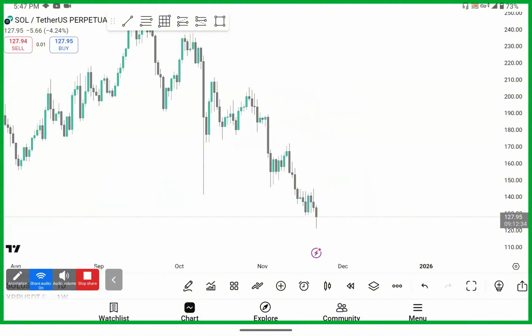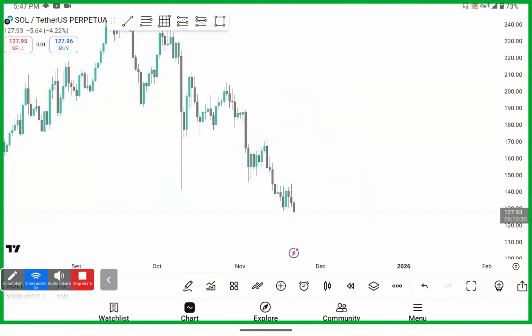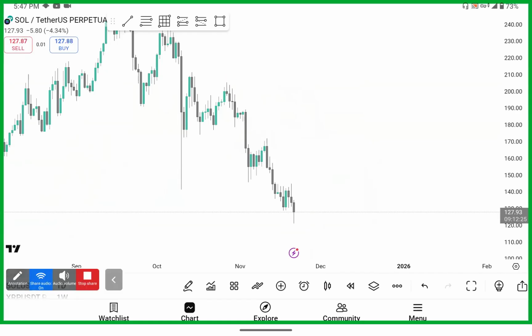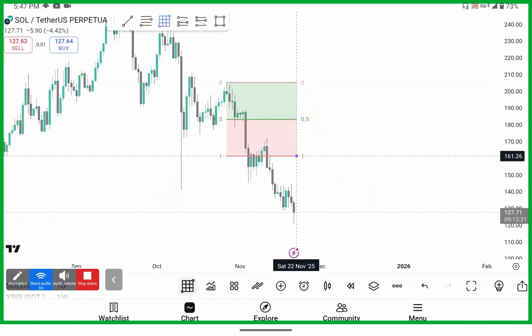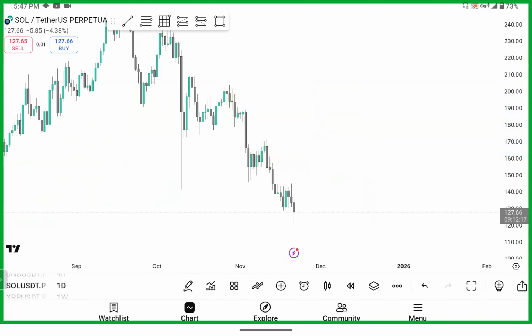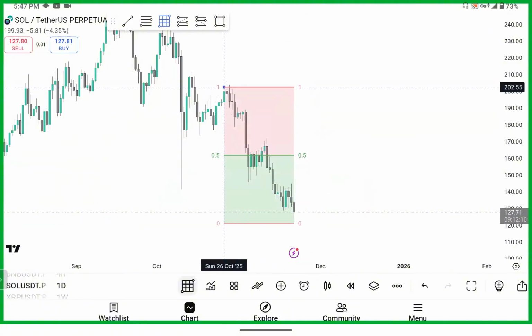So you see, our current range is this, that, and this. So we shall also draw here. This is now our current range on Solana. So sorry, you start from this, this is our current low, yeah, then up to this.